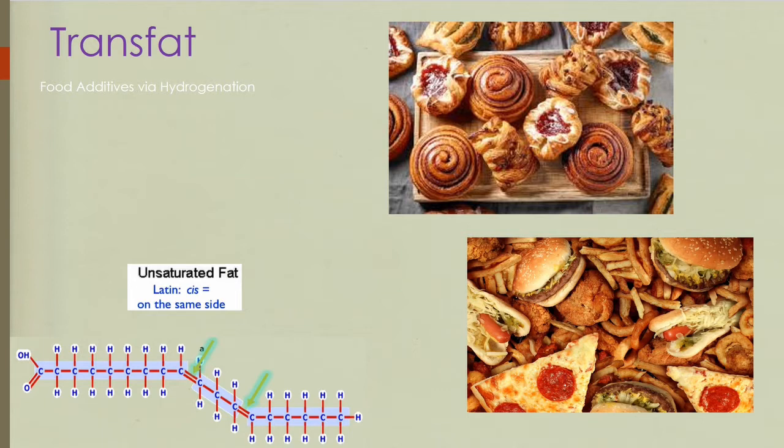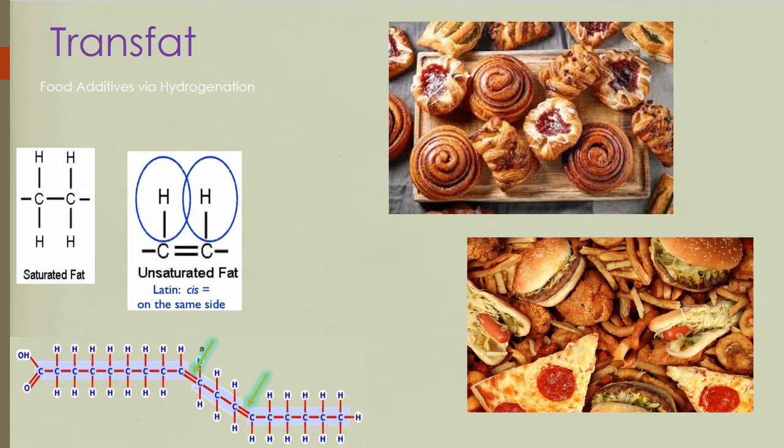And this is normal in an unsaturated fatty acid. However, in a saturated fatty acid, there is a single bond between carbon to carbon. And in an unsaturated fat, there happens the double bonding between a C to C carbon chain.